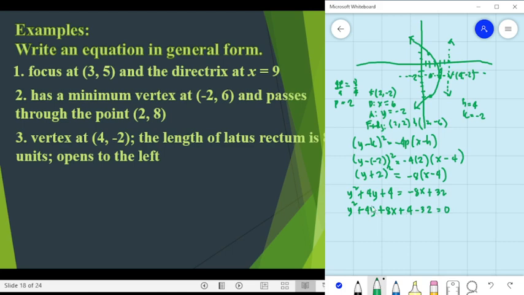Combining these two together, so that we can now have the final equation. So we have y squared plus 4y plus 8x minus 28 is equal to 0. Okay? So, that is your equation.